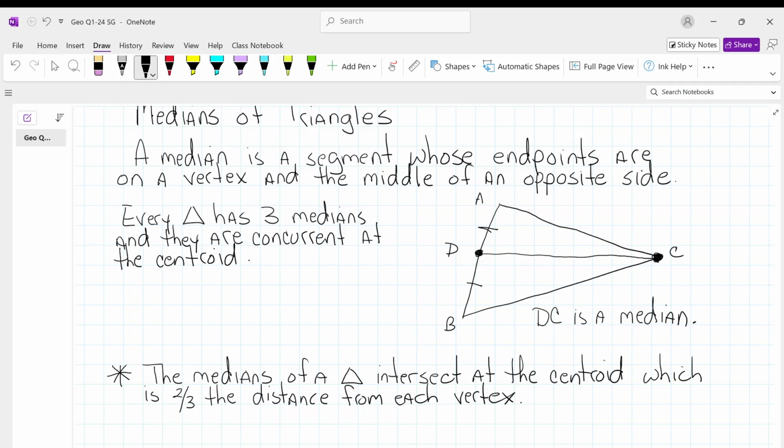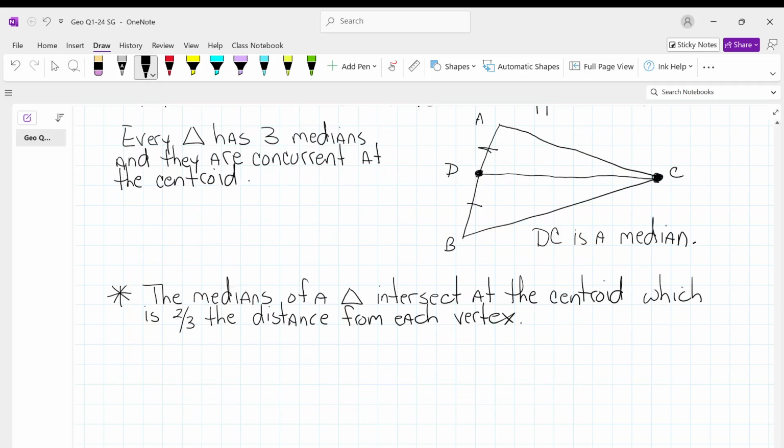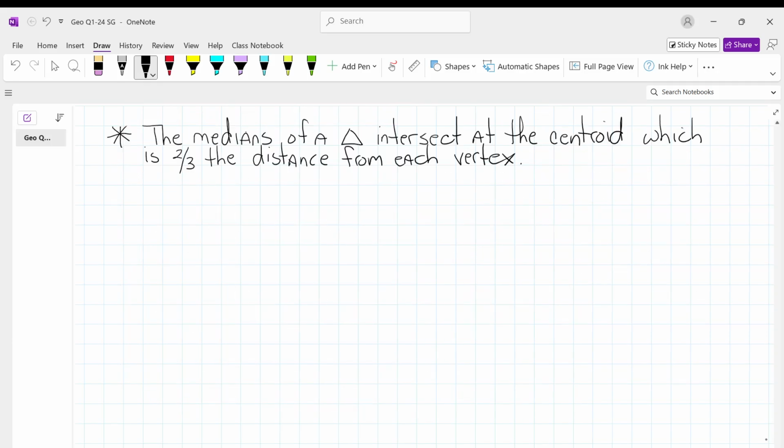The medians of a triangle intersect at the centroid, which is 2/3 the distance from each vertex. And then let me show you what that looks like. So if we take a little bigger triangle, and label it ABC again.